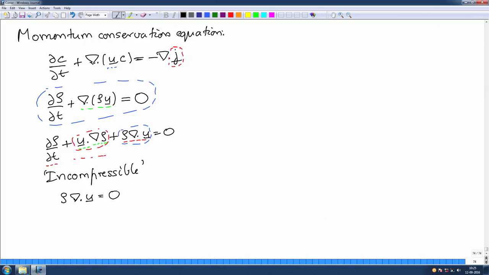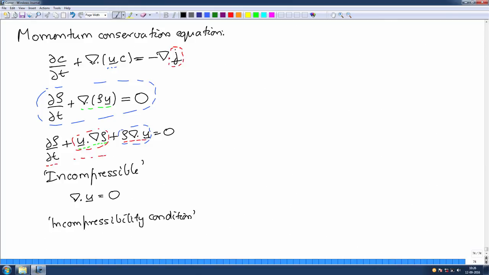I can divide both sides by the density, and therefore, the incompressibility condition basically reduces to divergence of velocity is equal to 0.